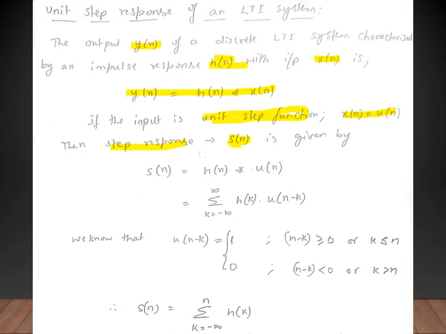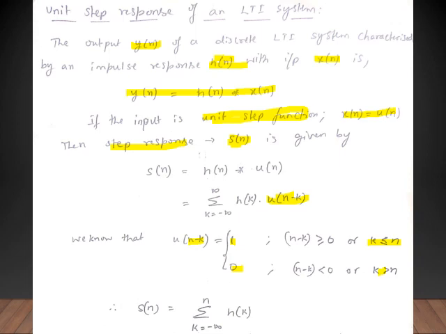We know that the unit step function u of n minus k is 1 only when n minus k is greater than or equal to 0. Otherwise, in terms of k, k should be less than or equal to n. Under that condition u of n minus k is going to be 1, else it is going to be 0.